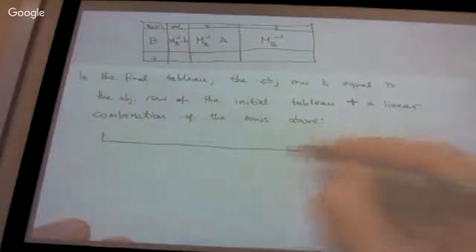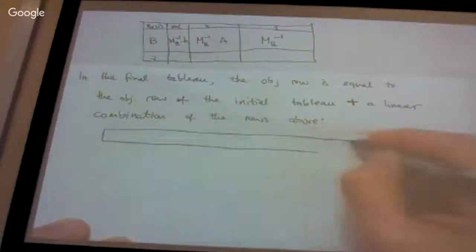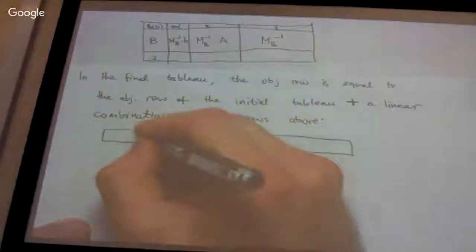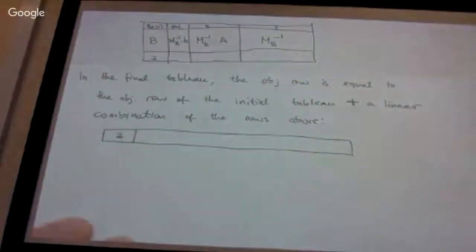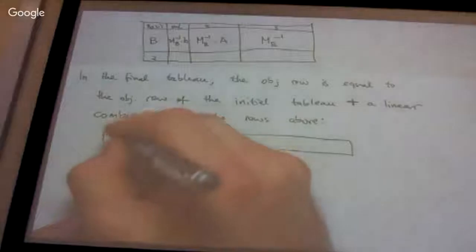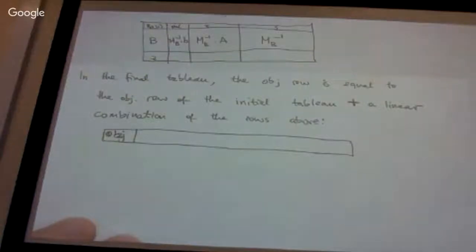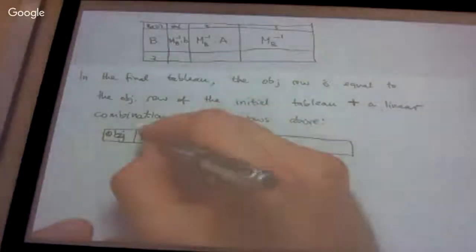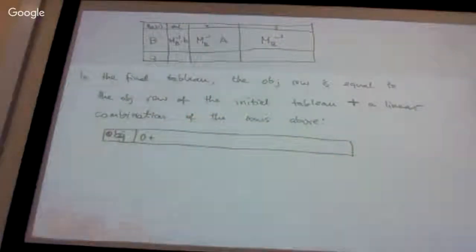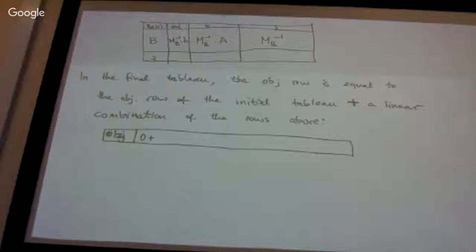So therefore, what I have is, okay, this is just a label. So this first bit, what was the original value in it in the first tableau? It was 0. And the linear combination of the rows above. Okay, how do I get the linear combination of the rows above?